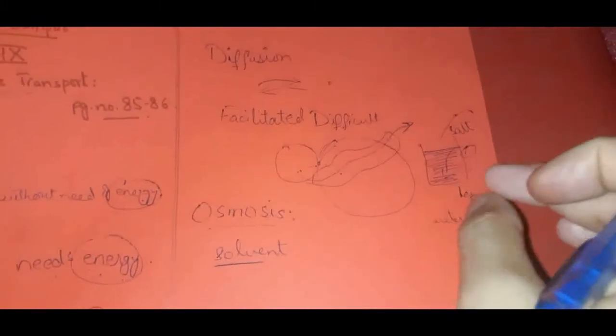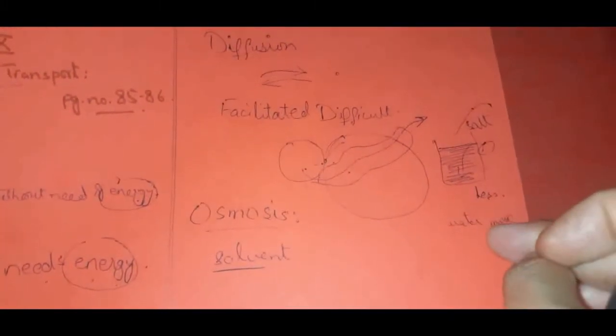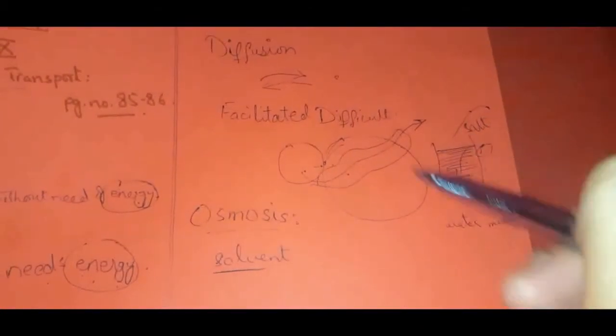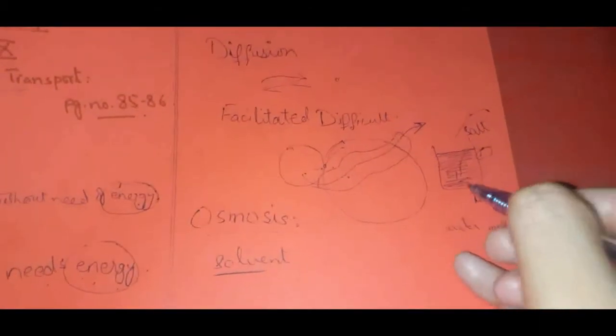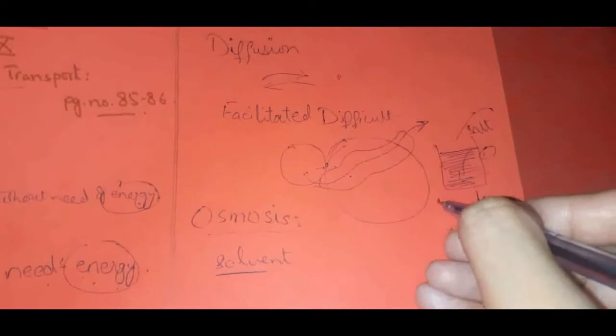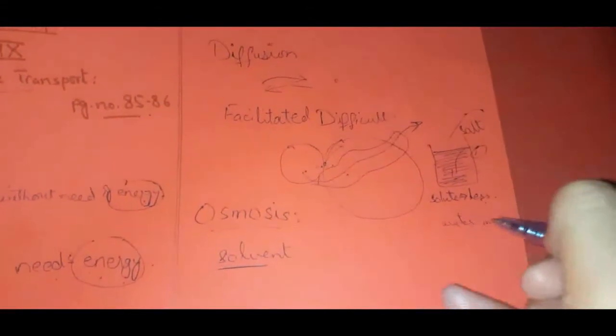The substance in more quantity in a solution we call solvent, whereas the thing in less quantity we call solute. So less quantity means solute and more quantity means solvent. So osmosis is the diffusion of solvent through a semi-permeable membrane. This is your cell, right?